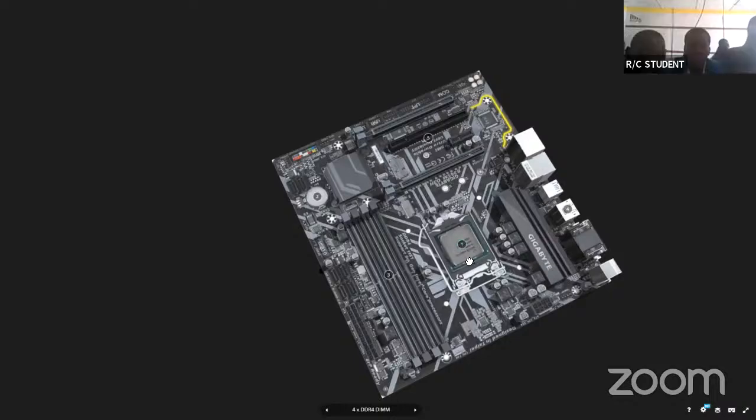The CPU is connected right here. And what is on top of the CPU? The heat sink, right? So we normally see the motherboard this way, and the heat sink, but we don't even see where the CPU is connected.